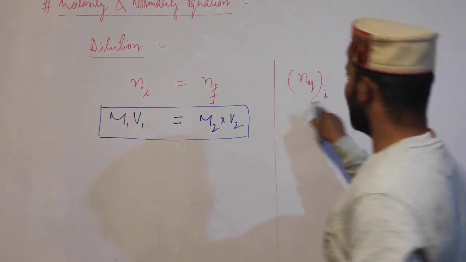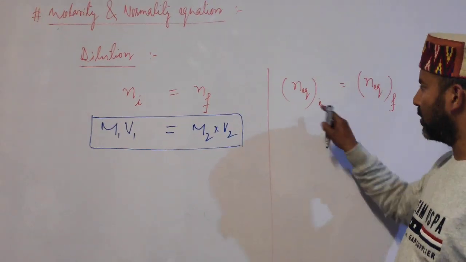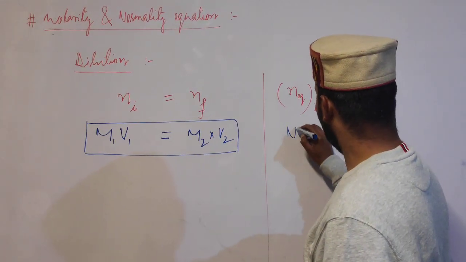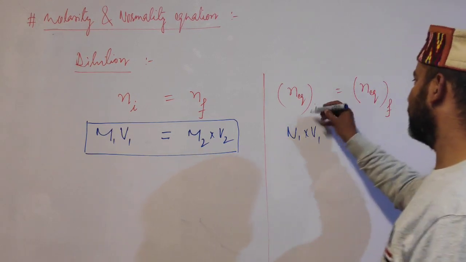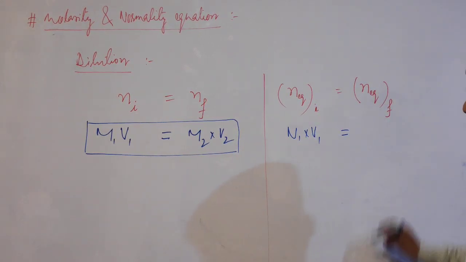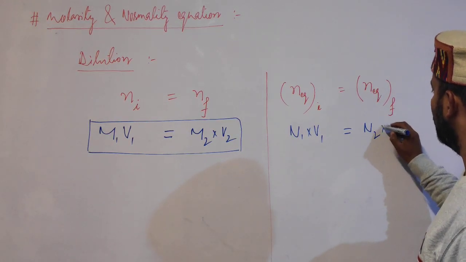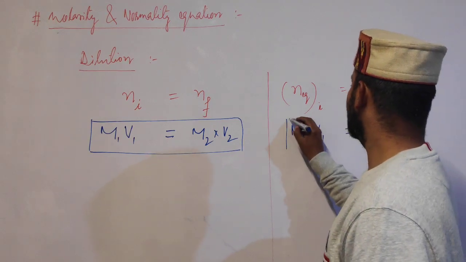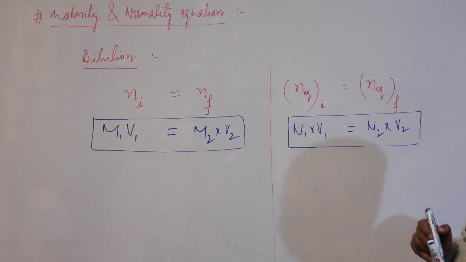And similarly, gram equivalents कैसे निकालते हैं students? This we have learnt that gram equivalents is normality into volume. So this will be normality into volume of initial solution, N1 V1, and gram equivalents remain same. So final solution में भी उतने ही होंगे. So we write N2 into V2, so N1 V1 is equal to N2 V2. So students, this is what? Our normality equation.